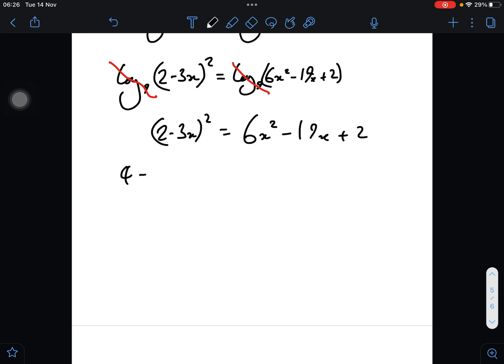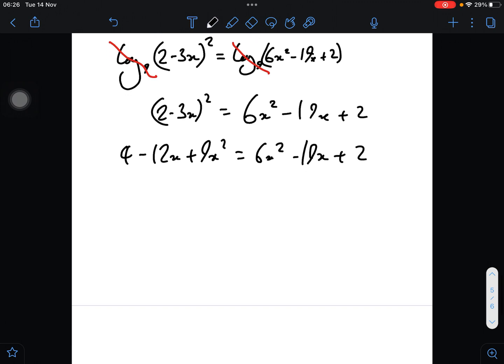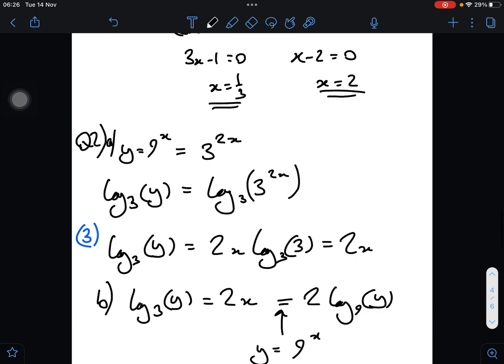We get 4 minus 12x plus 9x squared equals 6x squared minus 19x plus 2. Take it all to the left-hand side so that I get something equal to 0, so I can solve it. So therefore I get 3x squared plus 7x plus 2. Oh well, that's exactly the same as question 1.